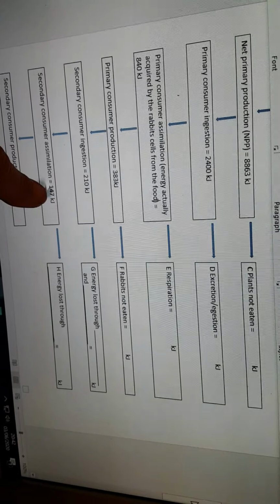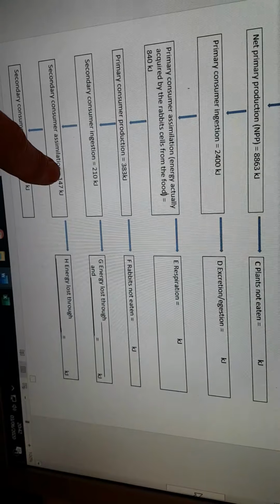But we've already learnt up here that just because that many joules are eaten doesn't mean that's the energy that is actually acquired. Some of the energy is used in the process of digestion itself. Not all parts of the rabbit are digested, but notice, by the way, that the assimilation rate for eating other animals is a lot higher percentage.